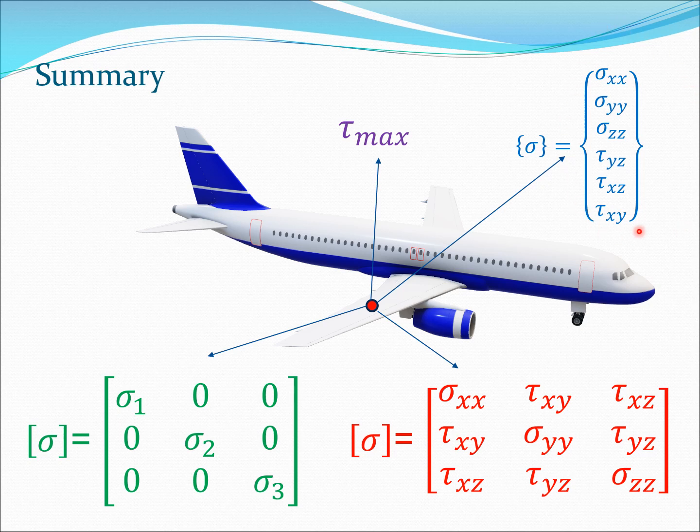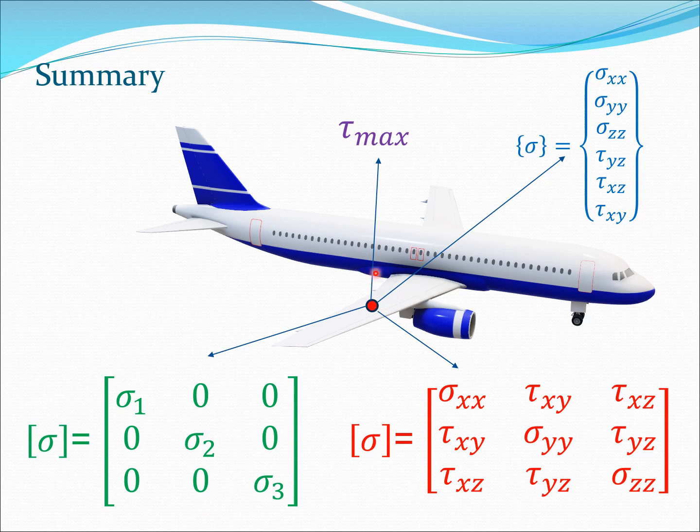We were able to write this as a vector that helped us get compliance matrices and so on. Now today we realize that if we take the eigenvalues of this stress matrix, we get the three principal stresses, which are sigma 1, sigma 2, and sigma 3. So this is one more condensation, and now from this condensation we can get many different failure criteria and we can use principal stresses there.